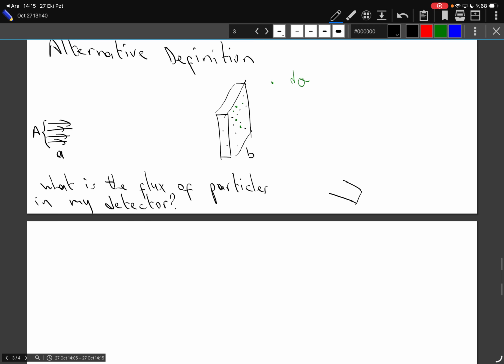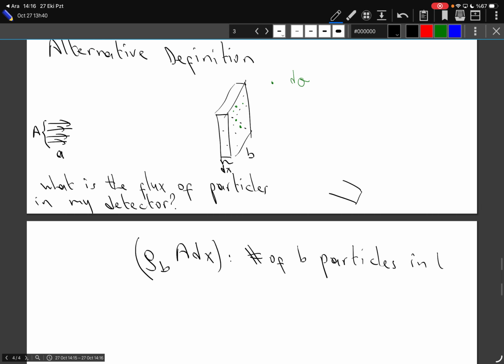Let's assume that rho B is the density of B kind of particles. Then within the targeted area, I have this many B particles. This is the number of B particles in the targeted area.